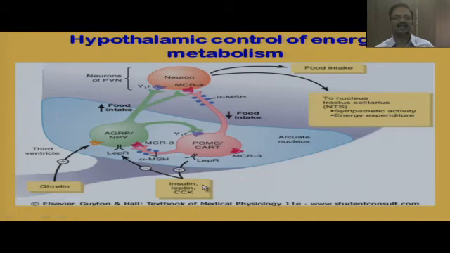We can see here that insulin, leptin and CCK stimulate the anorexigenic neurons like POMC and CART, and simultaneously, through leptin receptors, they inhibit the AGRP and NPY neurons. And ghrelin is the hormone which is involved in stimulation of AGRP and NPY. The ghrelin stimulates the AGRP pathway, thereby increasing the food intake and decreasing the energy expenditure.